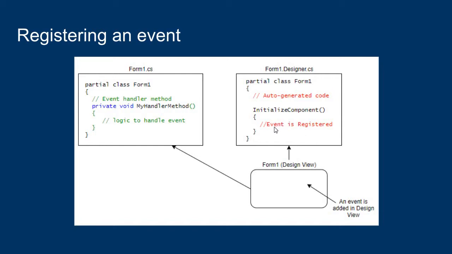So the code that actually registers the event listening happens in the Form1 Designer, and the method shell that we are going to implement the logic for is inserted into the form1.cs file. All of this occurs when we register an event from the design view.